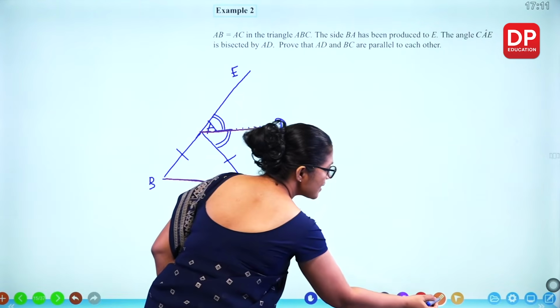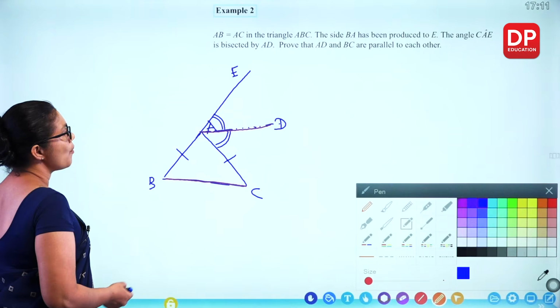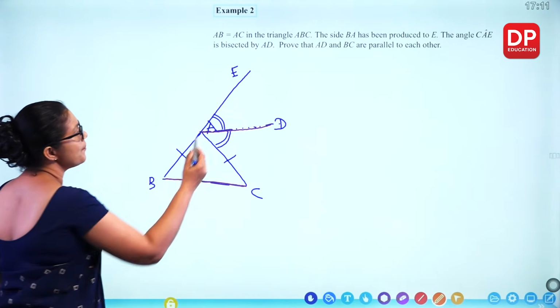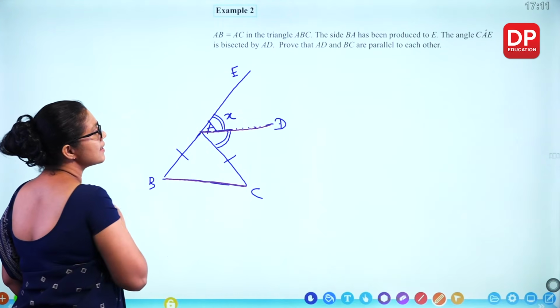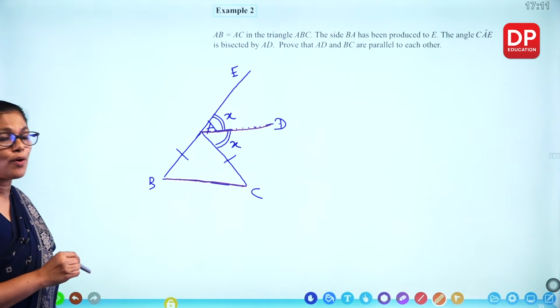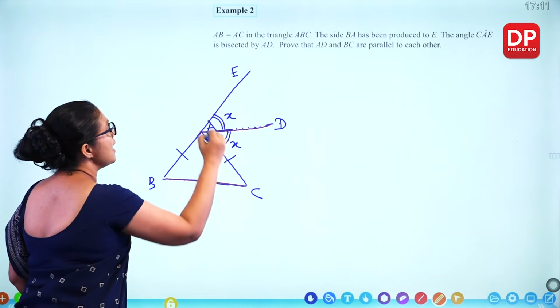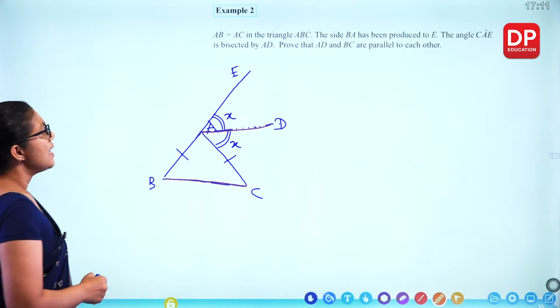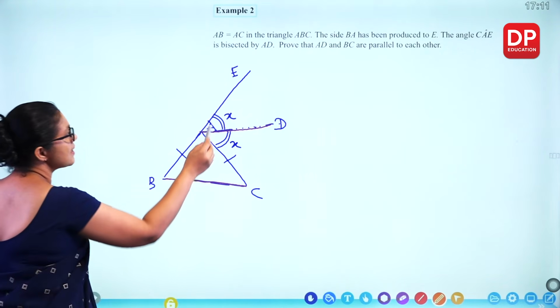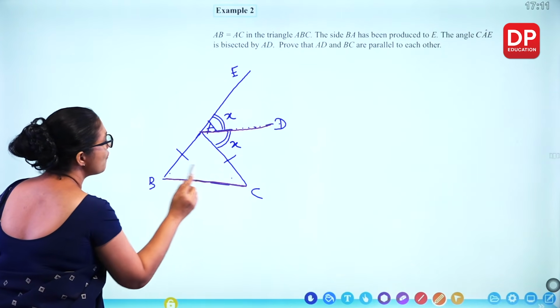So to do that, we need to take some values. Now here we can say if this is x, what is this value? This is also x because we know AD is the bisector of the CAE angle. If this is x, 2x for the whole angle, what is the sum of these two angles?